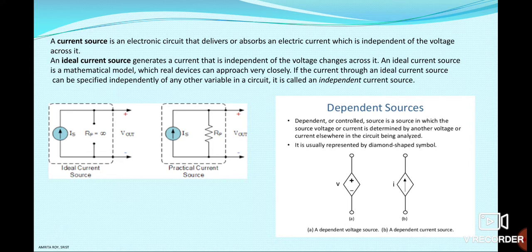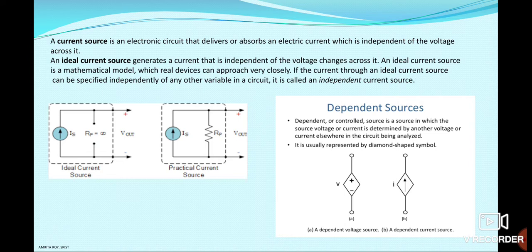The basic difference between practical and ideal current source is that for a practical current source, the resistance connected in parallel has some value, but for an ideal current source, the resistance connected in parallel has infinite value.